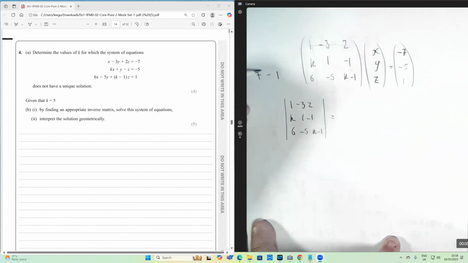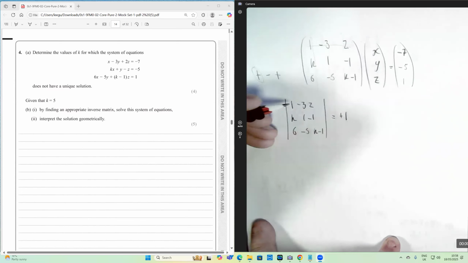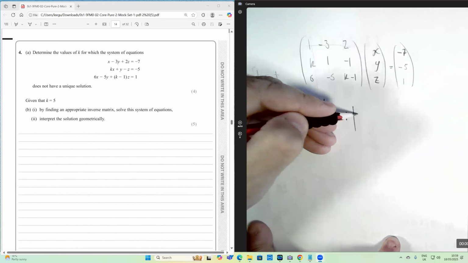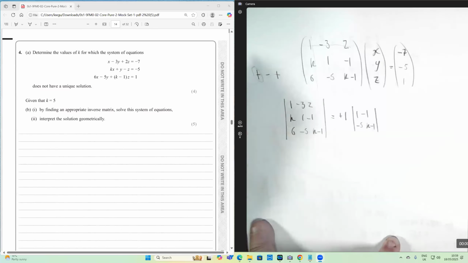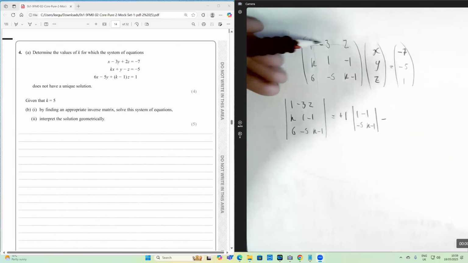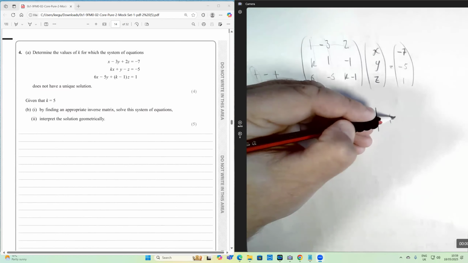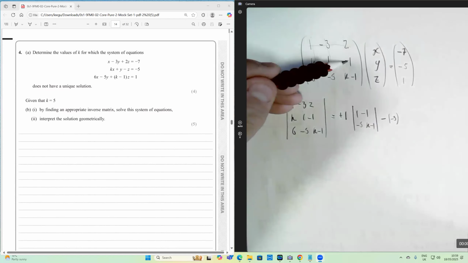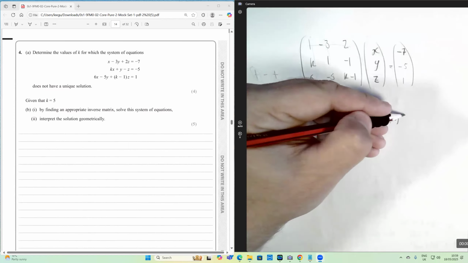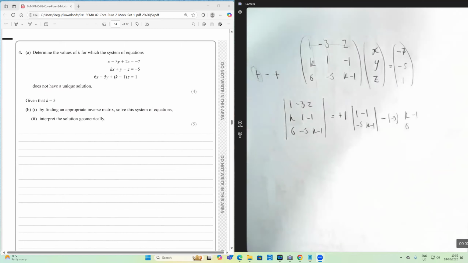We've got a plus for the first term, so that's positive 1 times its minor, which is 1, minus 1, minus 5, k minus 1. Then we've got a minus, and we eliminate that row and column, and we've got minus 3, and the corresponding minor is k, 6, minus 1, and k minus 1.